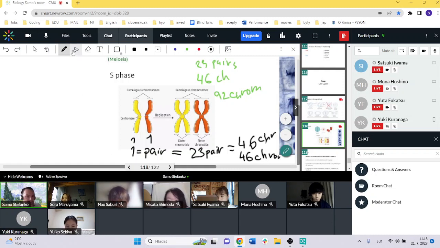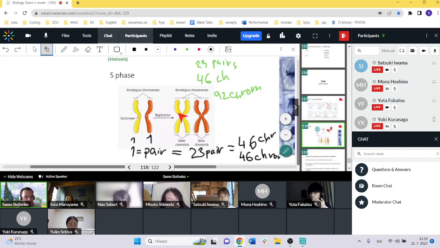Okay, as you see on this picture before replication, one more time, we have a longer arm of chromatid, shorter arm of chromatid, and together this is the whole chromosome basically. Just one chromosome. After replication, we have two sister chromatids on one chromosome, and together we still have 23 pairs of them.